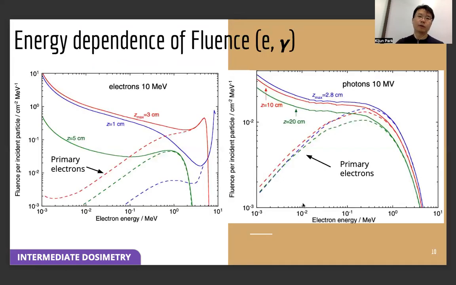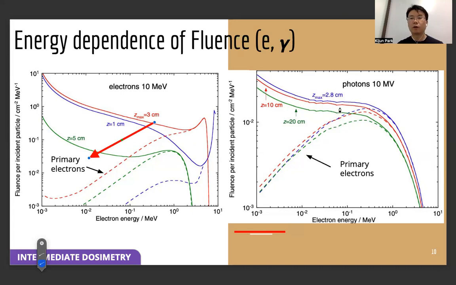Here is the energy dependence of the fluence for the electron and the photon. The electron case is on the left-hand side, and the right-hand side shows the photon case. As you see, there is a difference between the electron and the photon in terms of depth. For the charged particle, the electron has a very different fluence dependence.